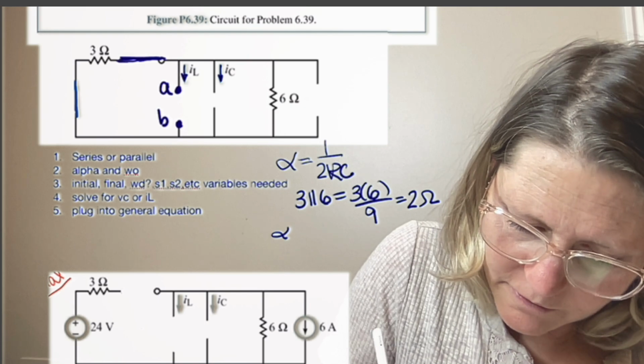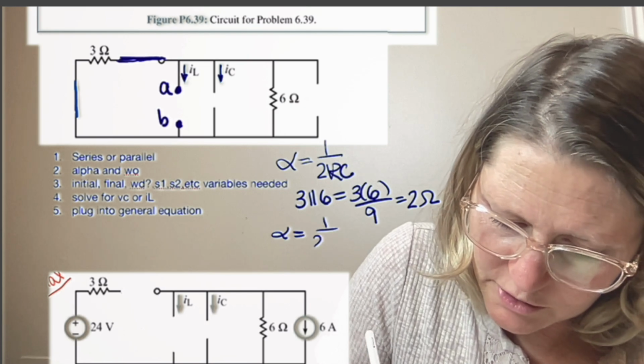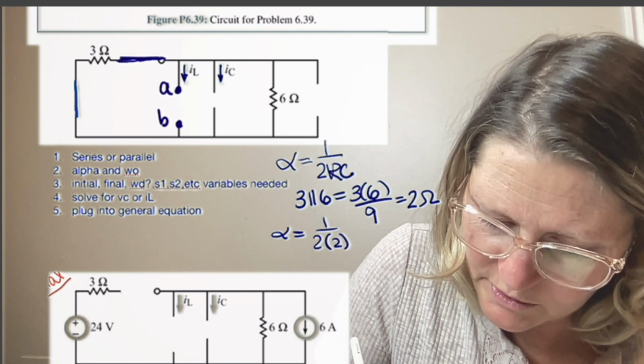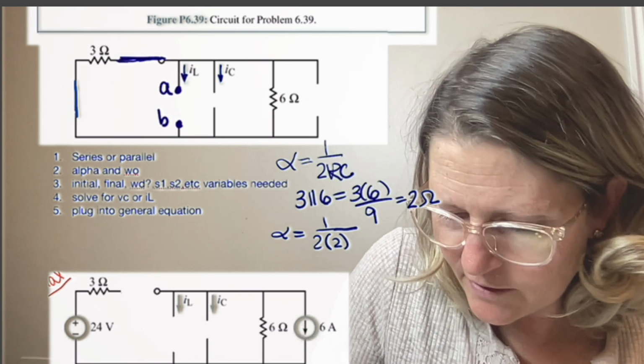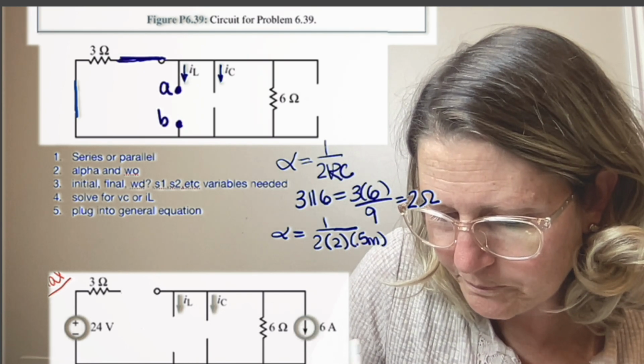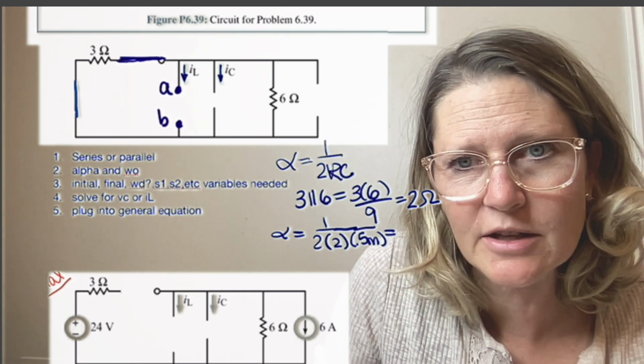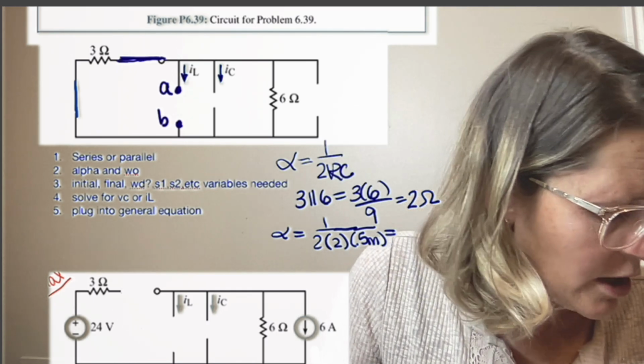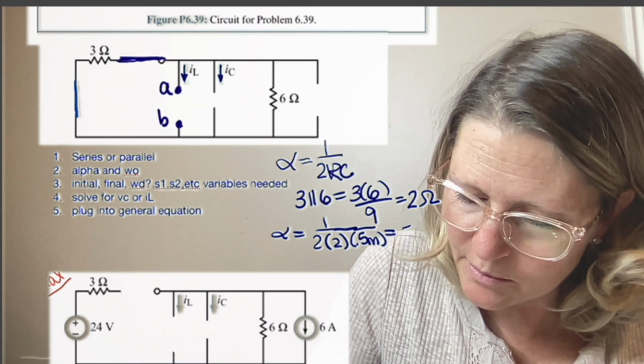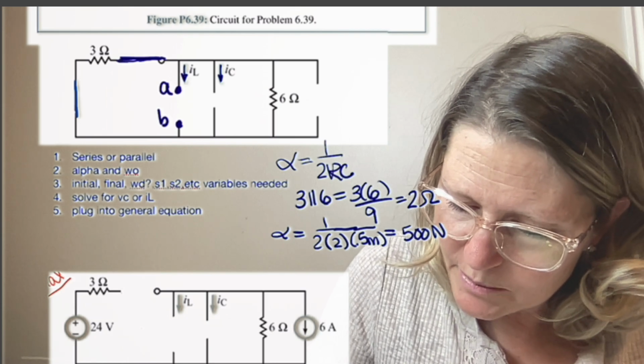And so alpha is going to be 1 over 2 times 2 ohms times C, and C is given as 0.5 milli. Milli is 10 to the minus 3, so make sure you include the units, and this ends up being 500 nepers per second.